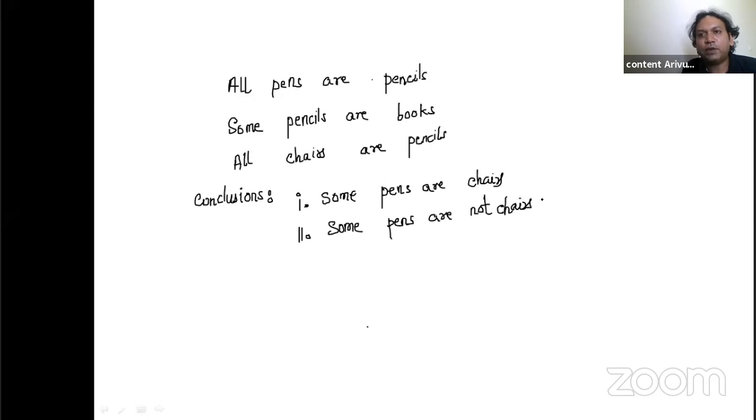Now tell me the answer for this question. Take your time, don't be in a hurry. Note down the question first and then look at the conclusions 1 and 2. Some pens are chairs, some pens are not chairs. What will be the correct answer? Post the right answer in the chat room.